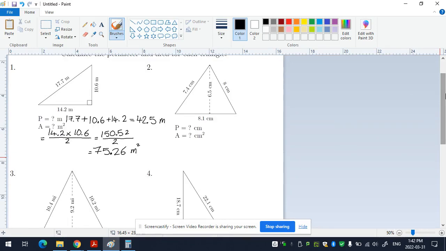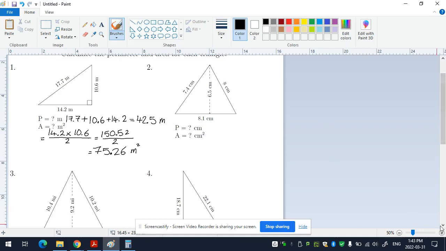Okay. How about the next one? Do you need the height on the inside to calculate the perimeter? No, because perimeter is only where? Around, which means on the outside.